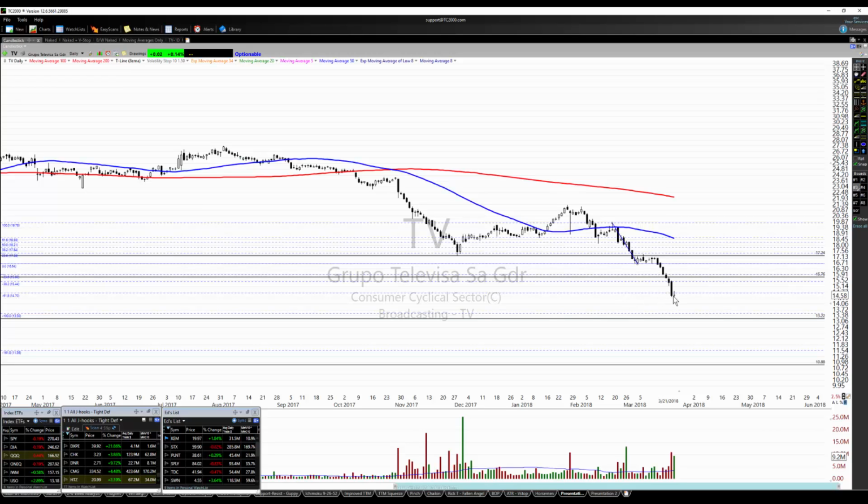To me, that looks like it's very extended. It's not worth chasing for me. So I would have to see a bounce. I'm looking for it to do something like this to give me a better entry, because I think it's pretty extended at this point.